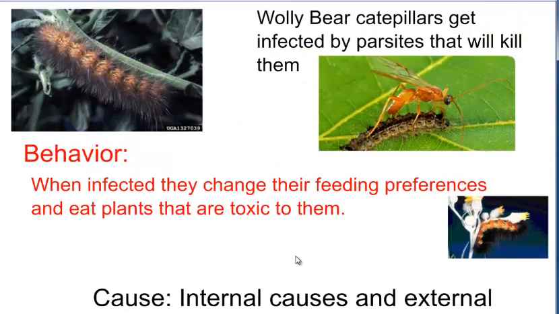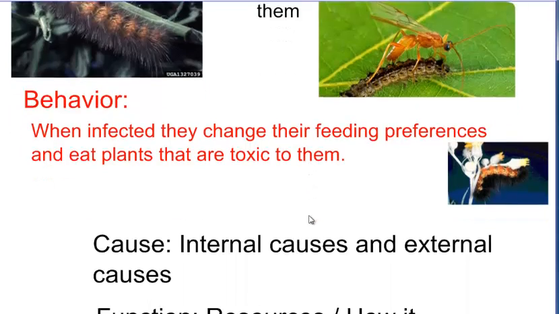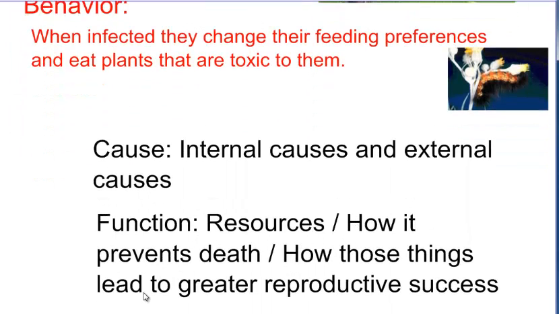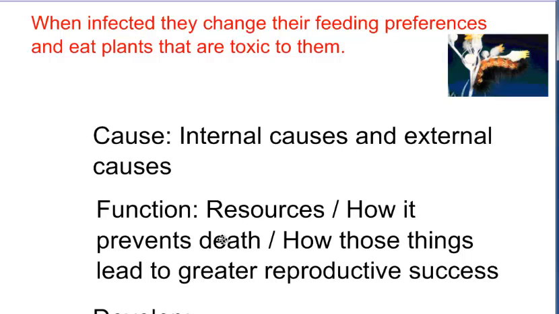Sometimes this behavior doesn't really get you a resource. They're eating something, so I guess you could make the argument that they're getting food, but it's more about preventing death. So in this case, the eating of toxic plants prevents death. The toxic plants act as a medicine, keeping the caterpillar from dying from the parasites.